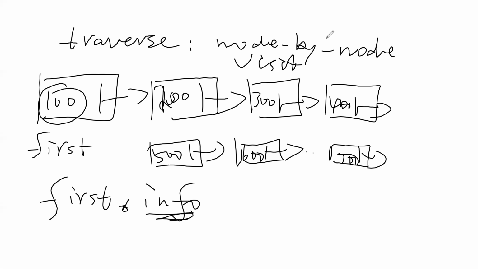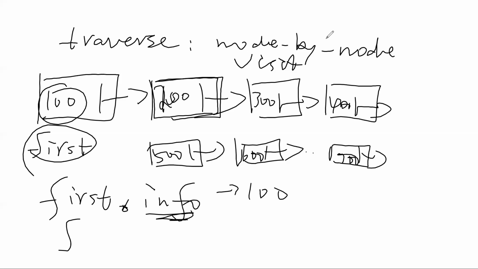The node is a class also, and then you will get that 100. Then the question is, how do I get to the 200? You only know first. How can you know the next one? Basically, conceptually, you can do this, because the node has two parts.